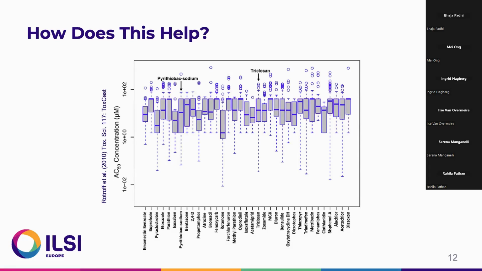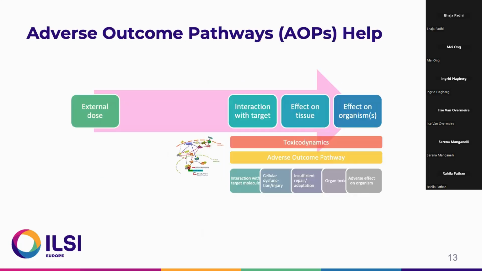So they all seem to have relatively similar effect concentrations in these in vitro assays, at least the ranges. And this, well, we will argue here, this is because we're missing a very important part of what determines toxicity, and that is toxicokinetics, not just what the chemical does to the body or to a particular receptor, but what the body does to the chemical.